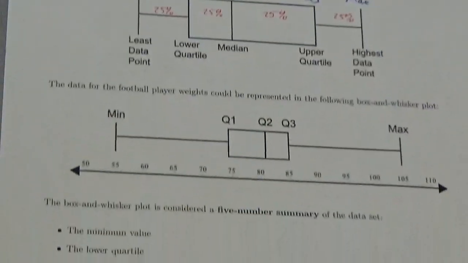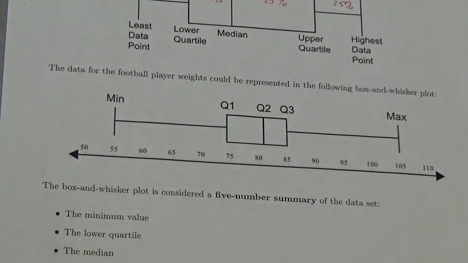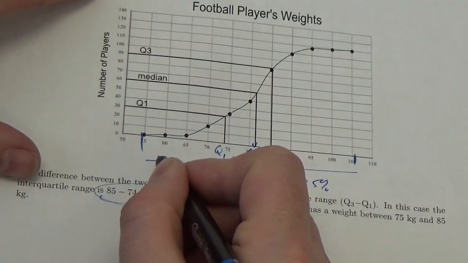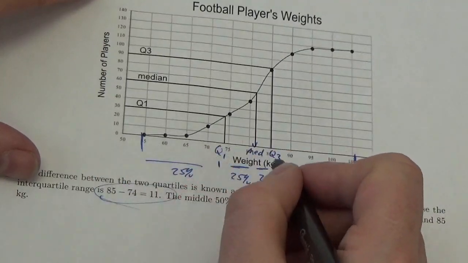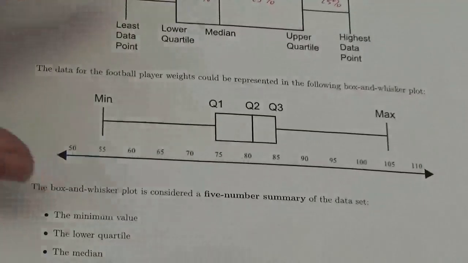Now, if we look at the football players, this is what that box and whisker plot would look like, okay? And in fact, if I go back to what I had drawn down here, basically all I really had to do here was to connect that line that I had drawn there, draw the little lines there, and then make the boxes. That's what this is right here.